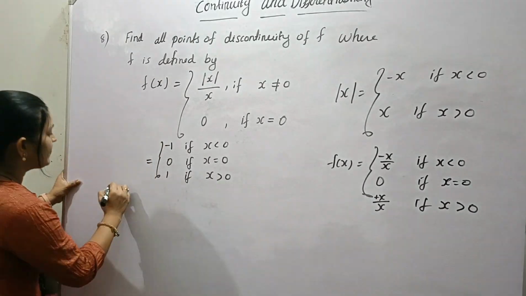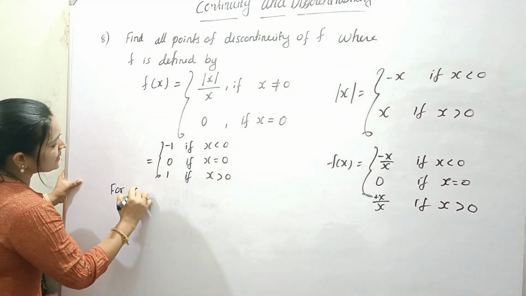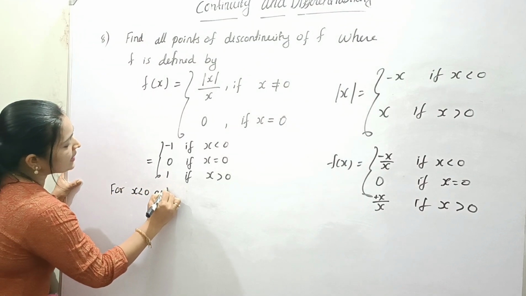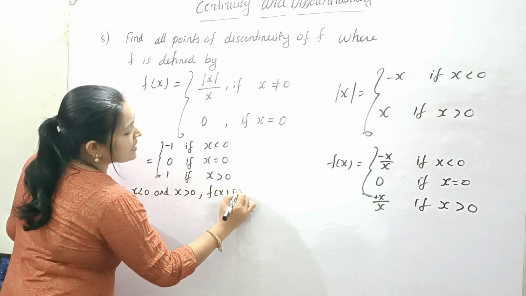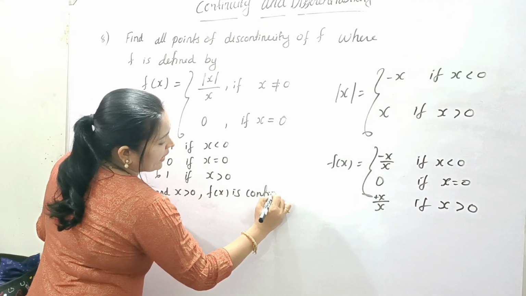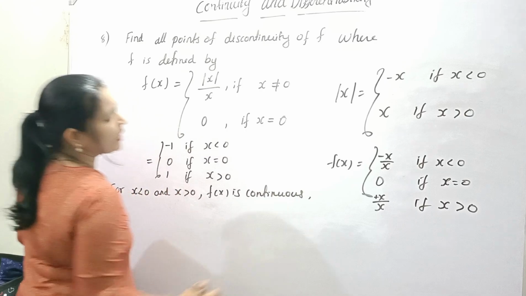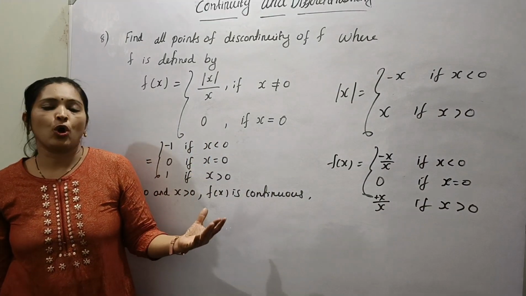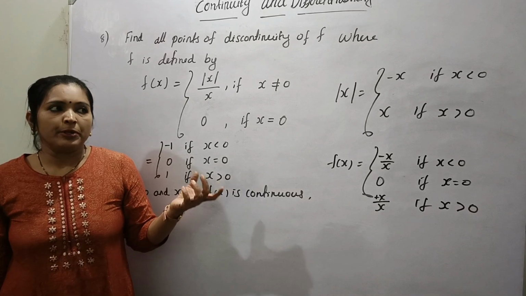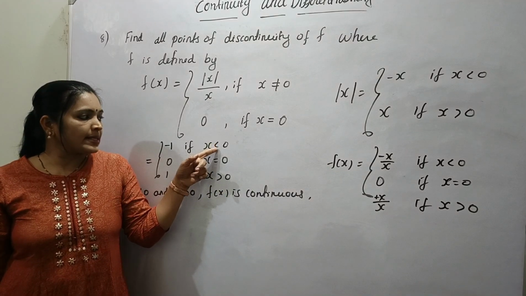So here we can write for x less than 0 and x greater than 0, the function f of x is continuous. Okay. Now we have to check the function is continuous at x is equal to 0 or not. Why? Because see here, it is x less than 0.